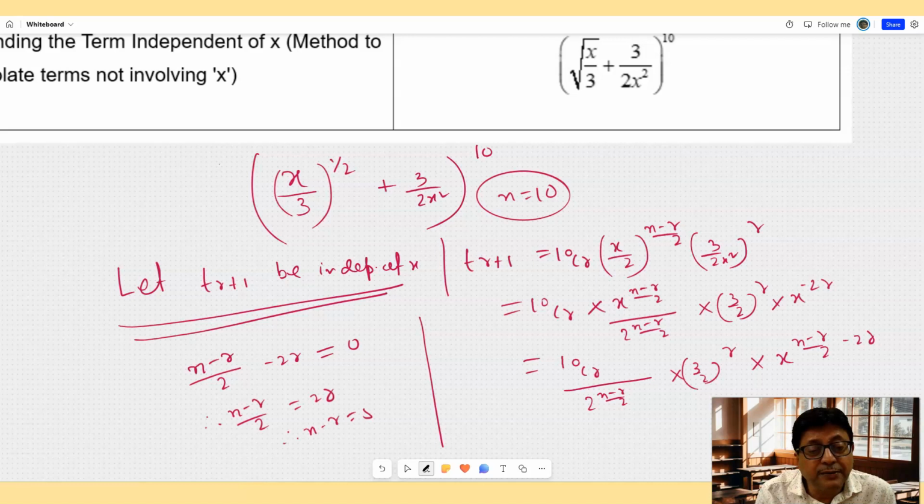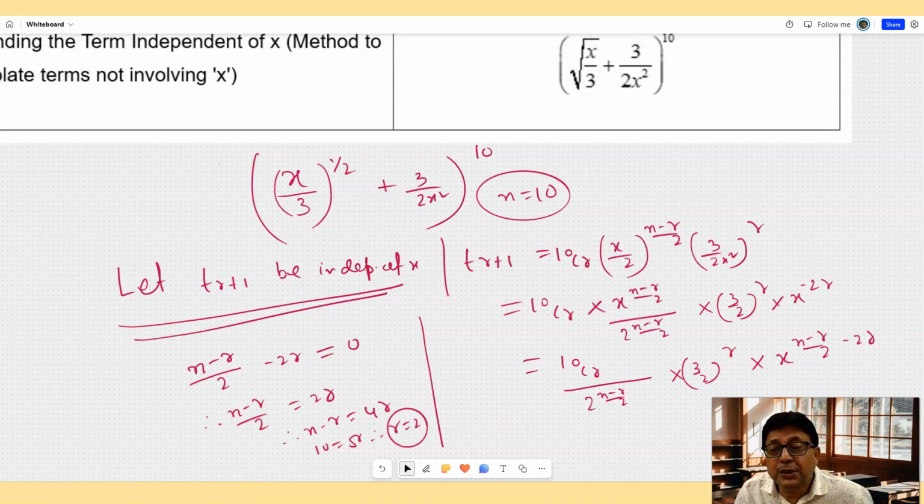So n minus r equals 5r. No, it is 4r only. 4r. And n is 10. So 10 equals 5r, r equal to 2. So the third term doesn't contain x. It will be absolutely free of x.